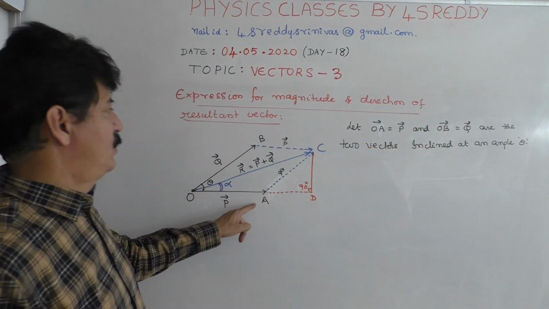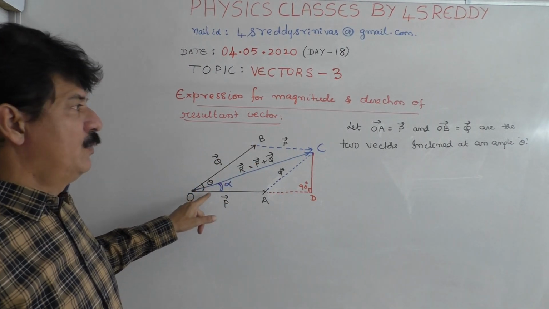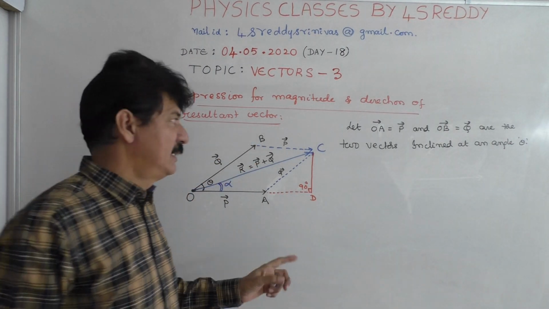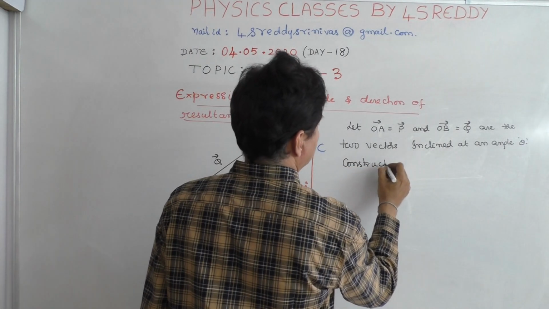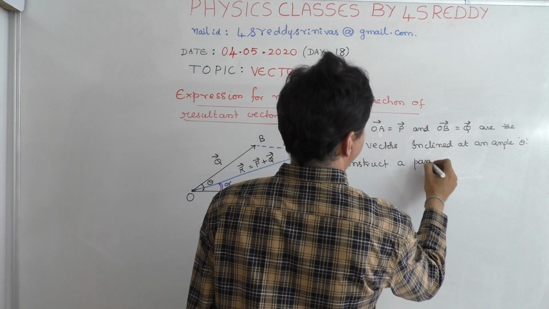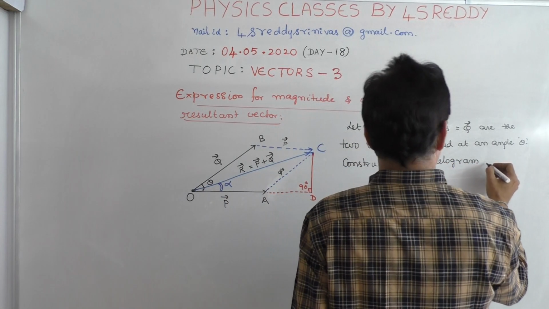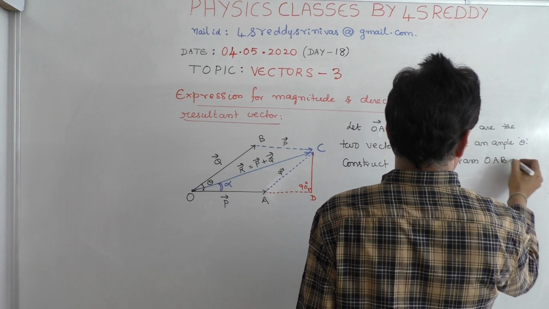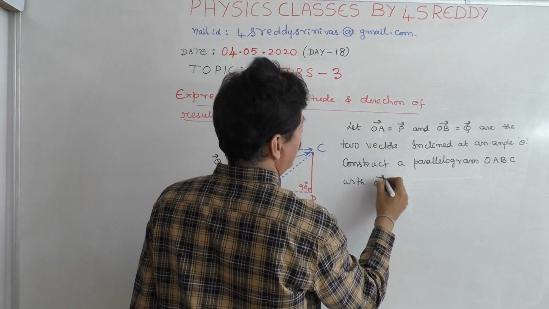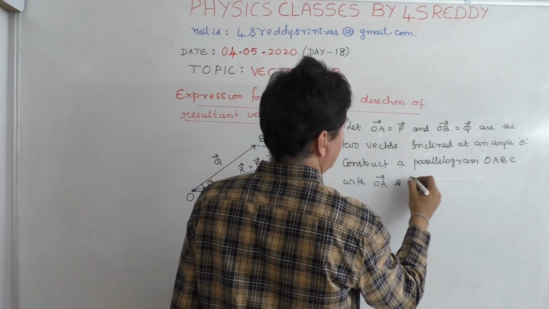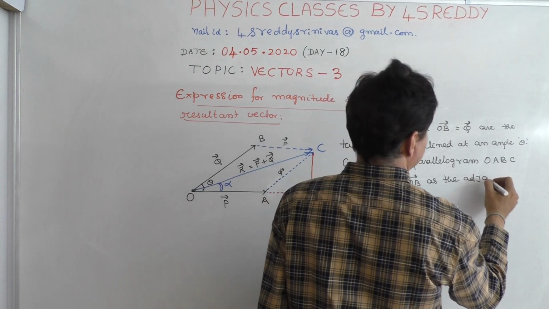Let OA bar be P bar and OB bar be Q bar, two vectors inclined at an angle theta. Now construct a parallelogram OABC with OA bar and OB bar as the adjacent sides.